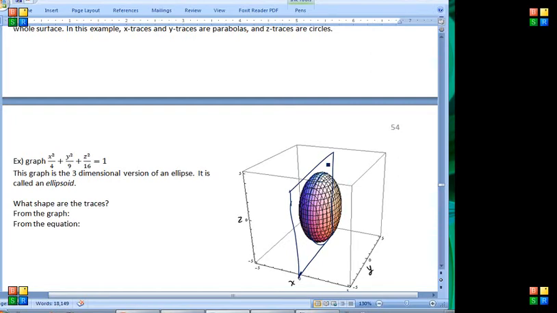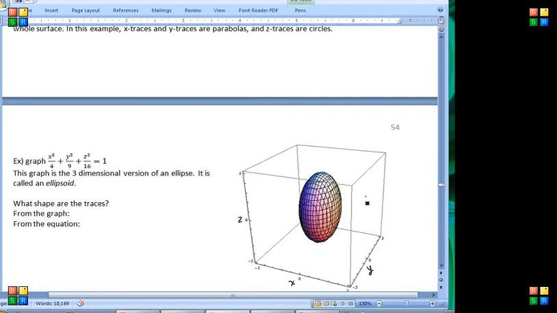Okay. What about y traces? What about z traces? You can use your cleverness, either from looking at the equation, or from looking at the shape, or from looking at the name of the shape, to see that each of these is actually going to be the same thing.